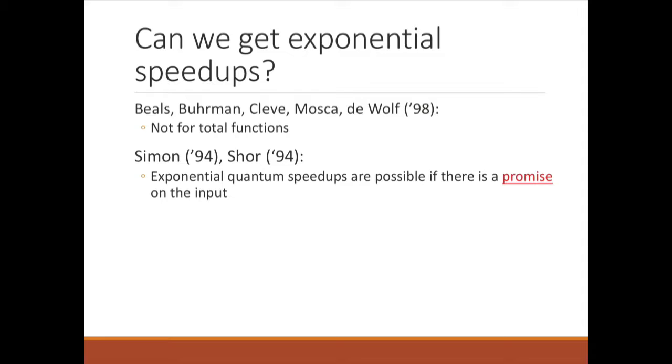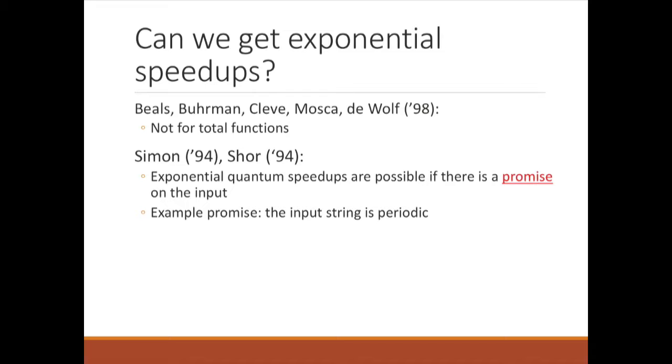So if we are guaranteed in advance that the input string will have some extra structure, then you can get exponential speedups using a quantum query algorithm versus a classical query algorithm. So for example, the promise might be the input string has some periodicity. OK. So this is the basic story of query complexity.